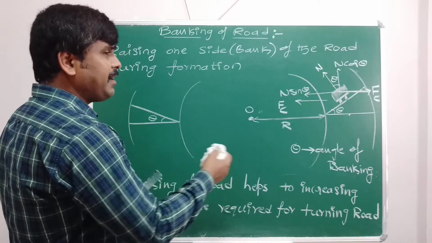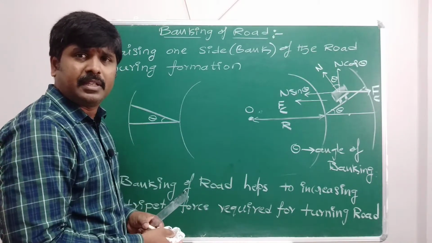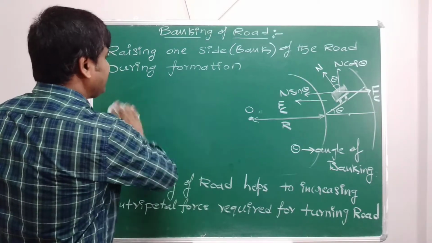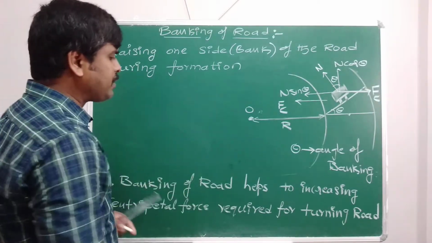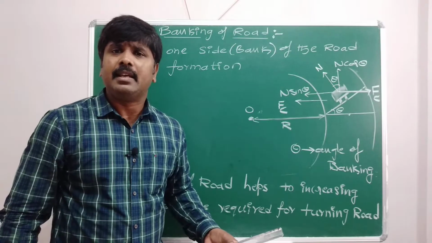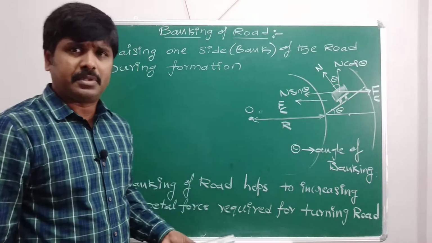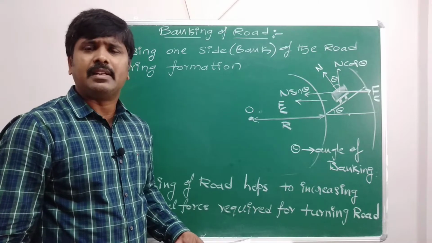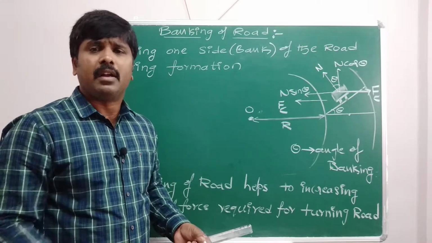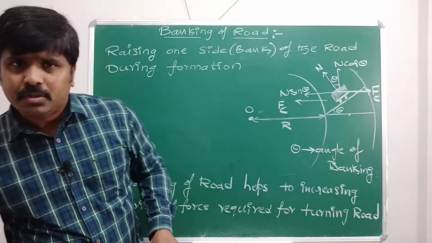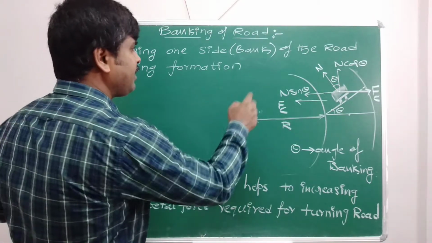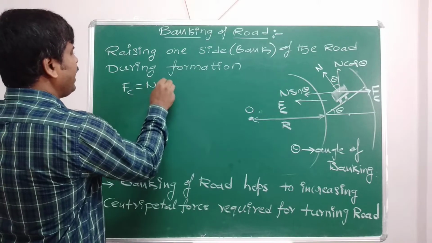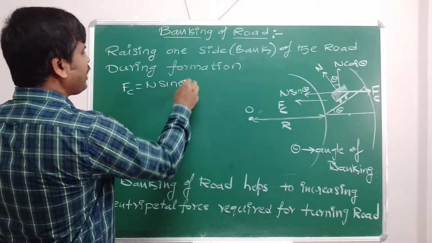For safe turning, we use the banking of roads. Banking helps increase the centripetal force while vehicles take the turn on a circular road. So we consider Fc equal to N sin theta.